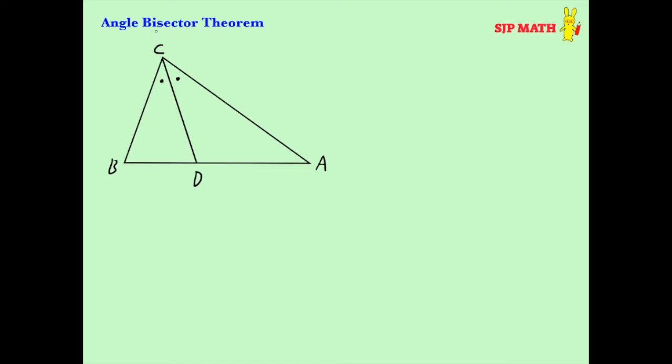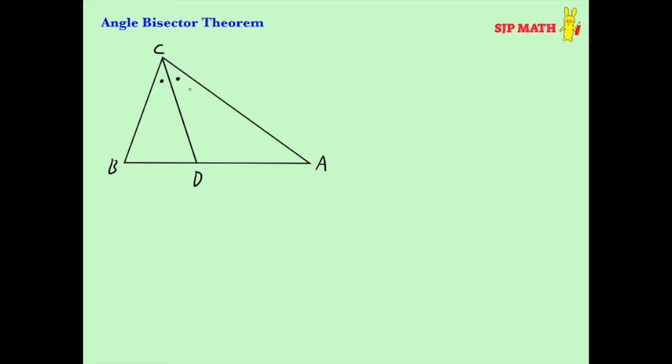So what I mean by an angle bisector is that it's a line that bisects an angle. So it divides the angle into two equal angles. So it divides the angle in half. So here CD is an angle bisector of angle C because it's dividing angle C into two equal angles, BCD and ACD.